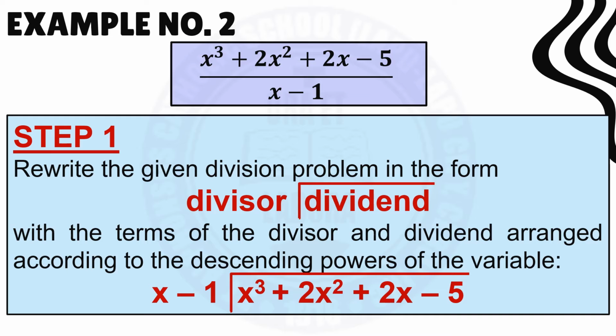Again, step 1, rewrite the given division problem in the form of dividend divided by divisor, with the terms of the divisor and dividend arranged according to the descending powers of the variable. So in this case, as you have noticed, the exponents are arranged from highest to lowest.